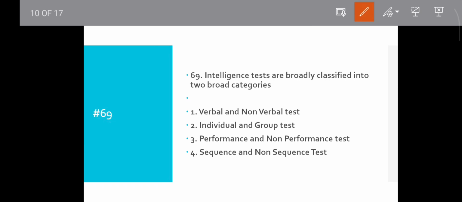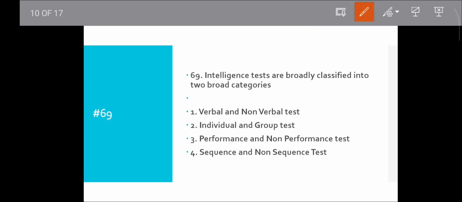Question number 69. Intelligence tests are broadly classified into two broad categories. What? Verbal and non-verbal test, individual and group test, performance and non-performance test, sequence and non-sequence test. Intelligence tests are broadly classified into two broad categories.